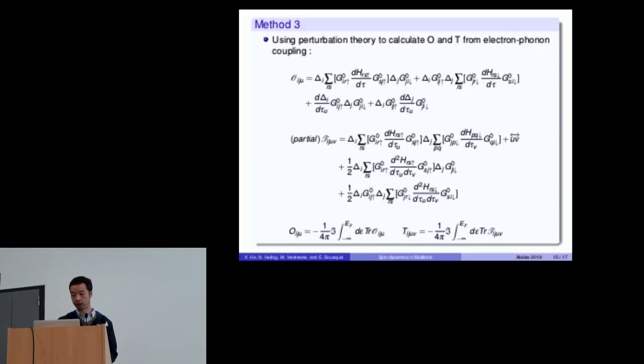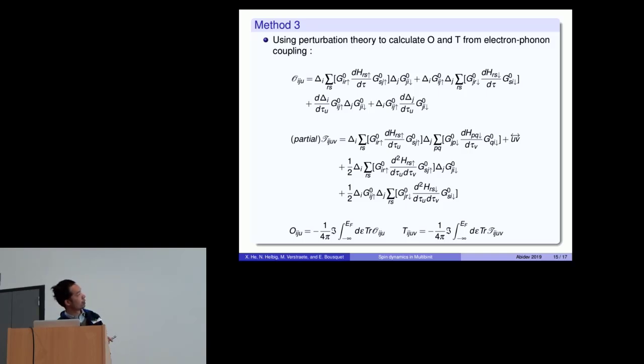We also have another method which is pure perturbation theory. I won't go into the details, but I want to show that every term is already there, like the Green's function from tight binding. What we need here is the electron-phonon coupling using the Wannier function basis.